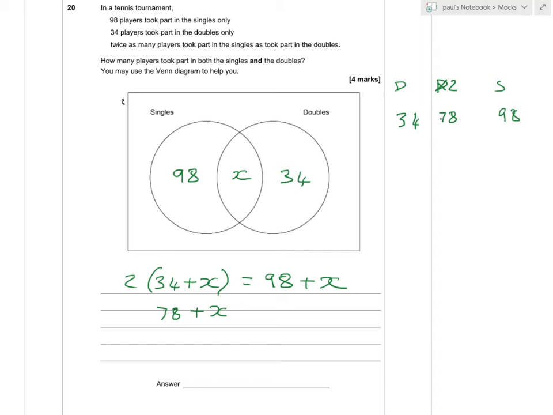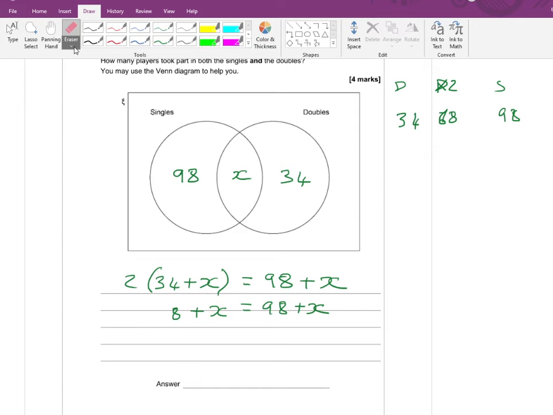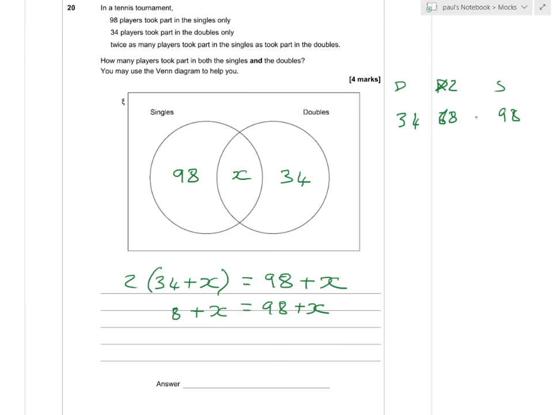Oh, that's where I'm going wrong. It's 68, that is. 68 plus x equals 98 plus x. Right, let's wipe that out and explain how this works. Multiplying by 2 seemed to be a bit difficult there. Right, bang on, I got the number right there. 68, the gap I mean, not the actual number.